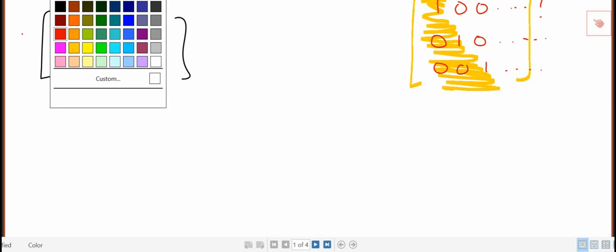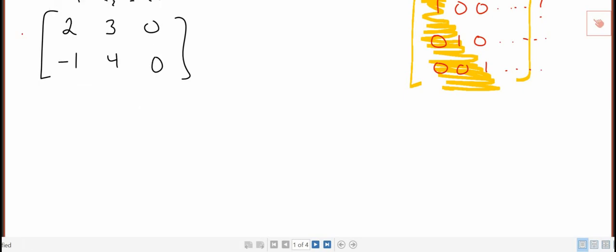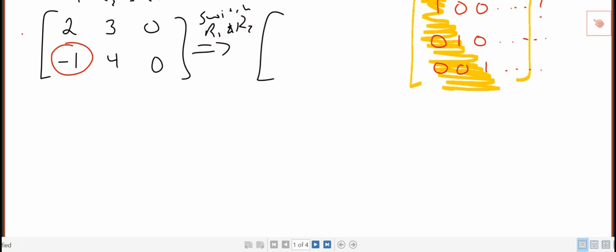So first off, what I notice is that we have a 1 here. So I'm just going to go ahead and switch row 1 and row 2. 0, 2, 3, 0.